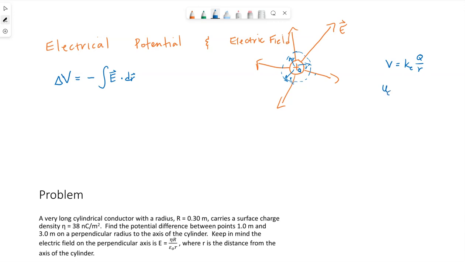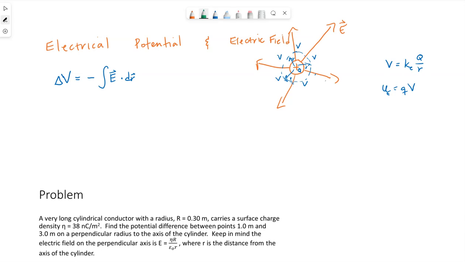The potential energy of a point charge depends upon its charge and the potential at which it's located. So V, electric potential, is another way to describe the region of space around a charge. Here we're talking about a point charge, and so everywhere on this surface would have the same electric potential.